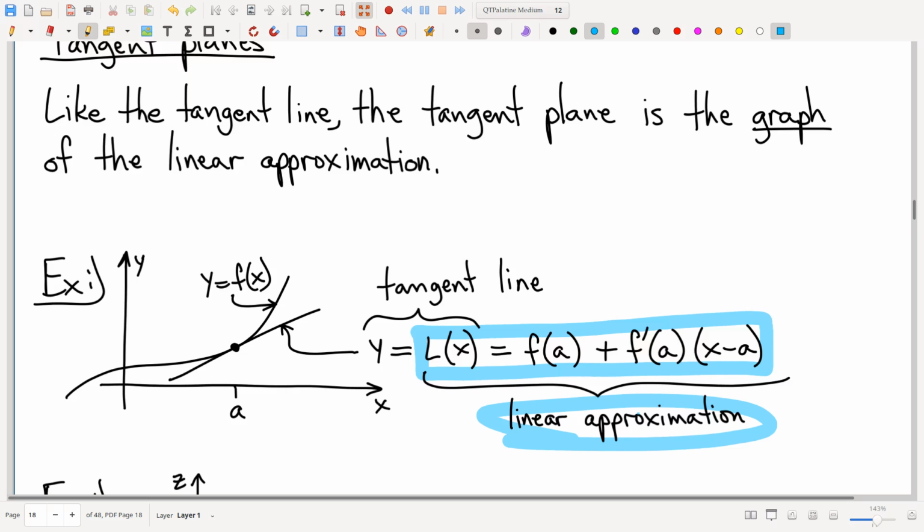So we want to distinguish between this function called the linear approximation, this algebraic object, versus the graph, what I get when I set that function equal to a new variable and interpret it geometrically. That is the tangent line. So the linear approximation is a function. It is an algebraic object. The tangent line is the set of solutions to an equation, a very special particular equation.